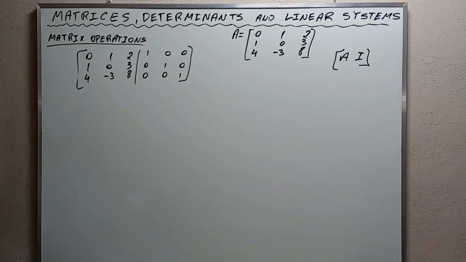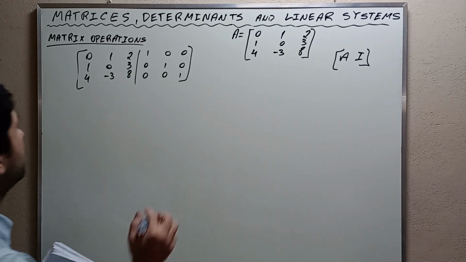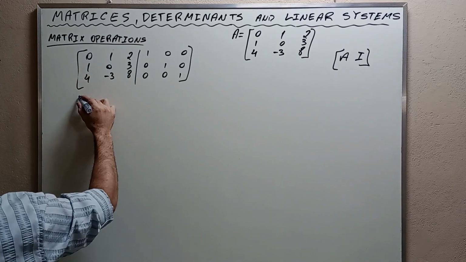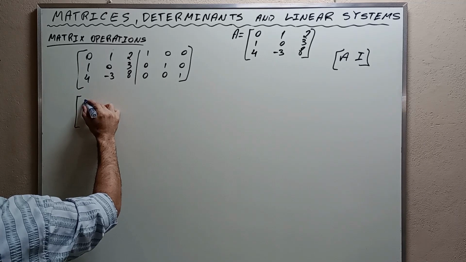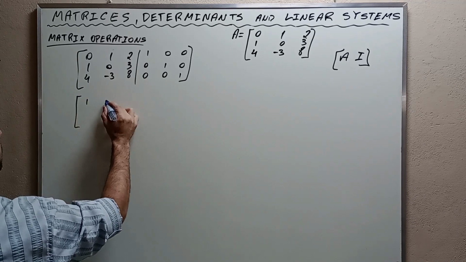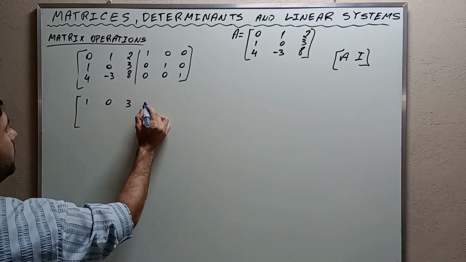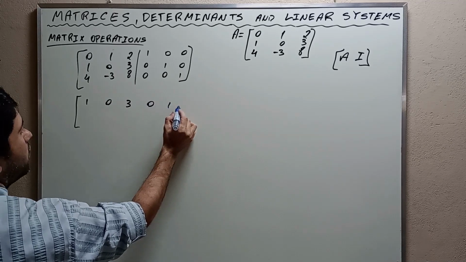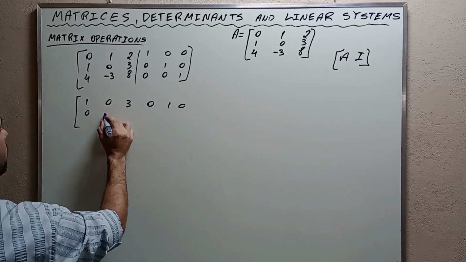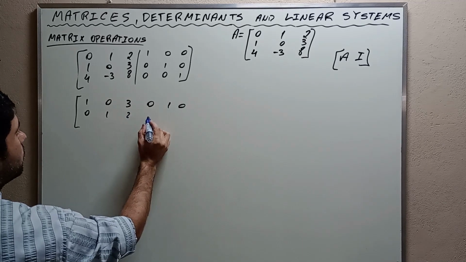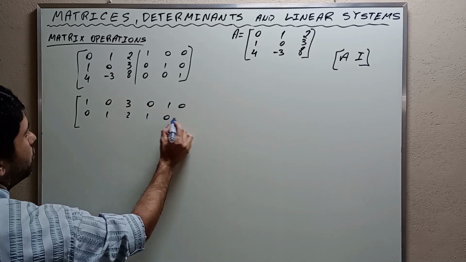What can we do first? Firstly, we swap rows 1 and 2. Okay? We swap rows 1 and 2. 1, 0, 3, 0, 1, 0, 0, 1, 2, 1, 0, 0.